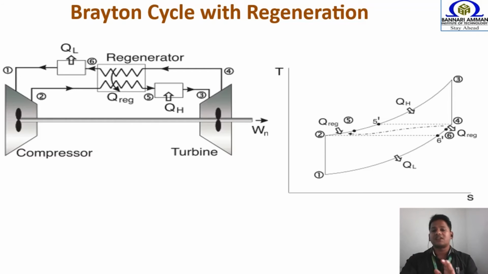Now it's very clear that in the Brayton cycle with intercooler the efficiency does not change, but in the case of regeneration there is a possibility of increasing the efficiency. Why? Because there is a possibility of reducing the amount of fuel supplied to the combustion chamber. We can see the TS diagram, similar to the intercooling one.